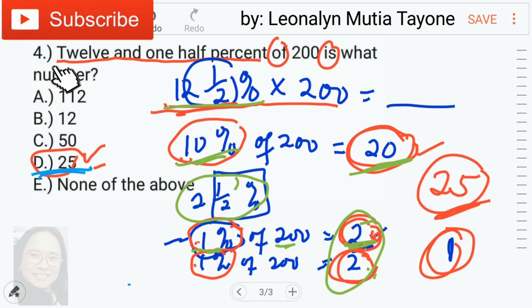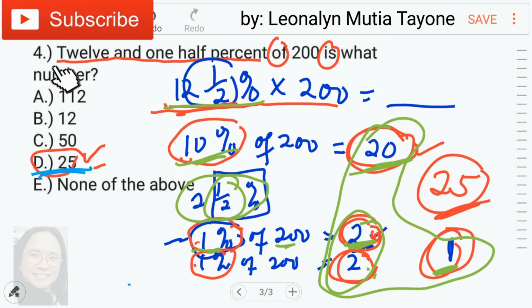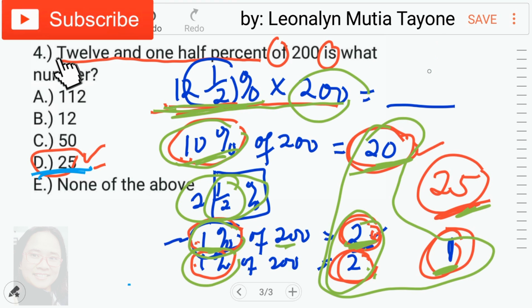Ngayon, mayroon ka pang 1/2. Ang 1/2 ng 2 ay 1. So, i-add mo lang yan lahat, and that is 25. Ganito rin, si 10% plus 1% plus 1%, yung 1/2 niya, ang total niyan ay 12 and 1/2%. So, therefore, 12 and 1/2% of 200 is 25. Kaya ang sagot dito ay letter D.